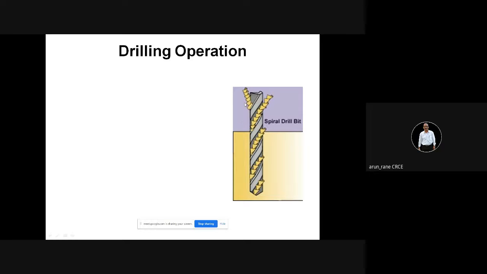Suppose your flute length is, say, 100 mm, then you can drill a little less than 100 mm. If you try to go more than 100 mm, it will break, because above that there is a plain portion, so the chips cannot come out.